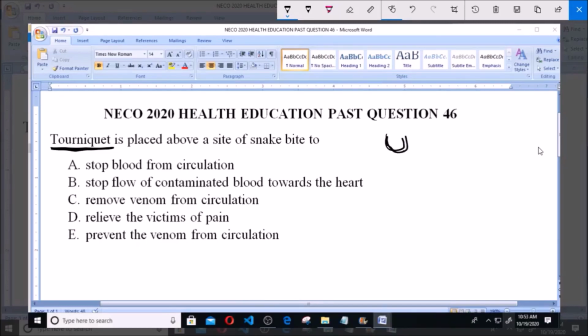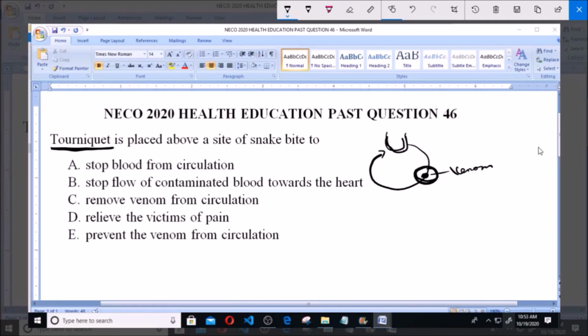Every blood that is pumped from the heart to several parts of the body will also return back to the heart. Now, when a snake bite occurs in a particular part of the body, the blood in this area becomes contaminated with the venom.